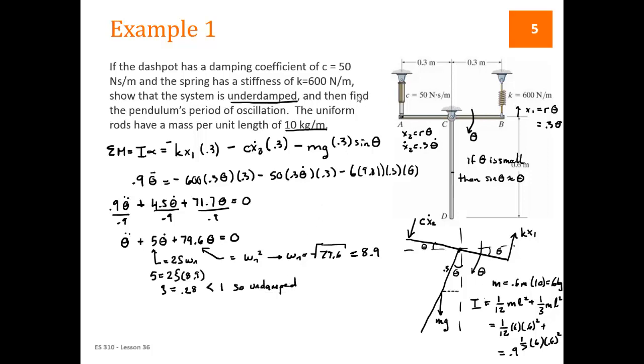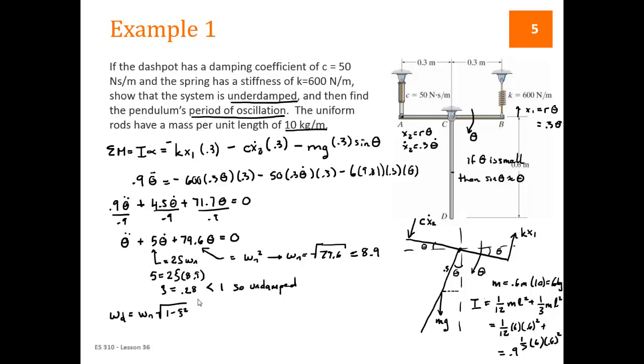And we had to find the pendulum's period of oscillation. Well, the period of oscillation, this is underdamped, so it's going to vibrate, but it's going to decrease. So we actually have a damped natural frequency, which is the natural frequency times the square root of 1 minus zeta squared.